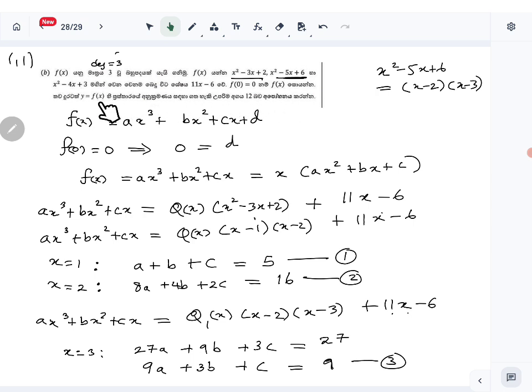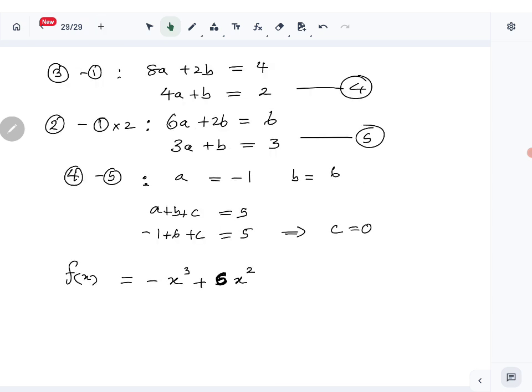You have to show that the maximum gradient of the f(x) curve is 12. Gradient depends on the derivative, so find the derivative of f(x). So f dash x is minus 3x squared plus 12x.